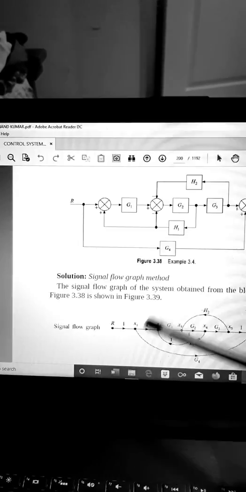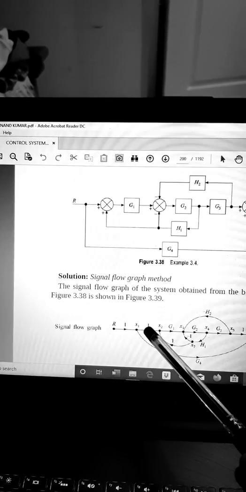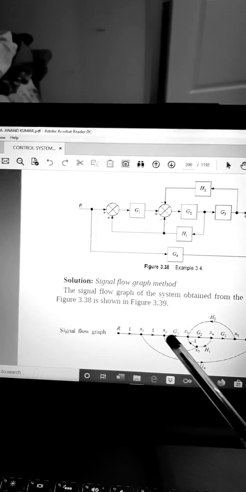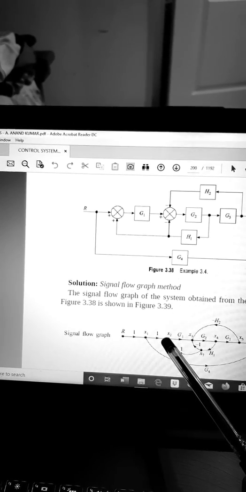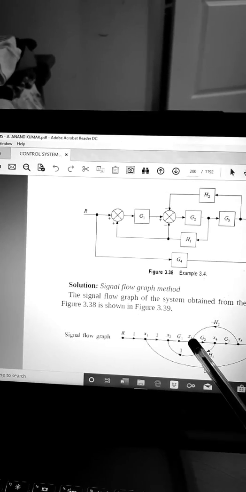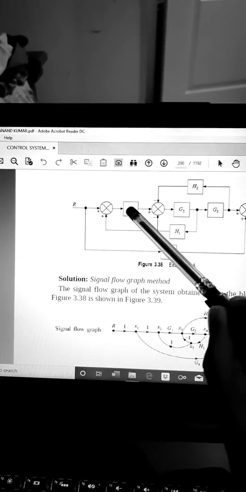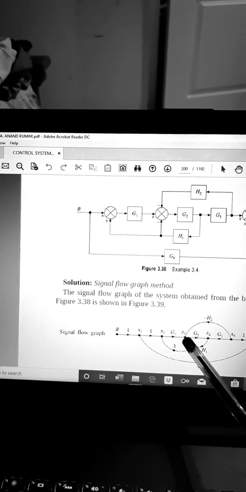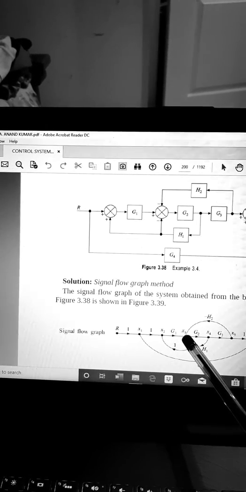Now after this node, next node is x2. This is x1, this is x2. In between there is no block, so you are putting here it is 1, x2, and after that this is x3. In between the gain is g1. From x3 next is x4.